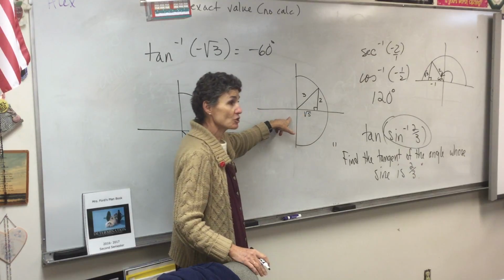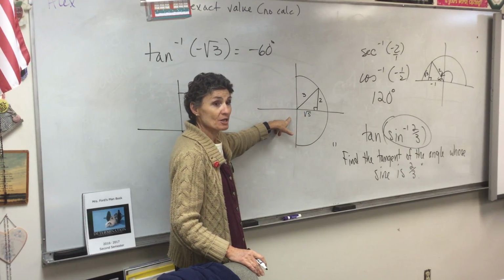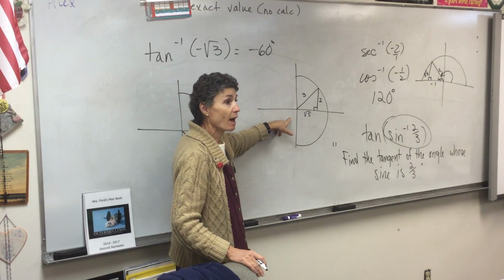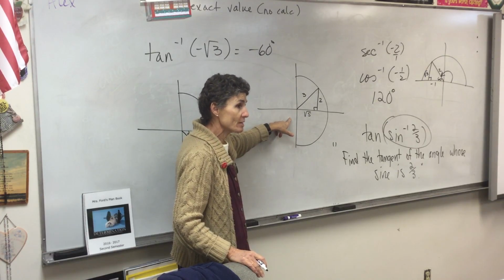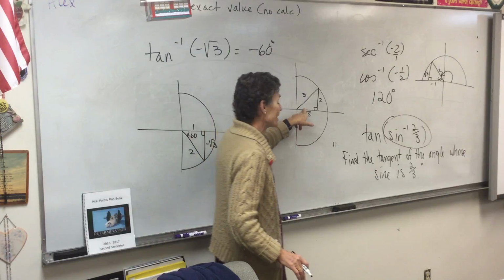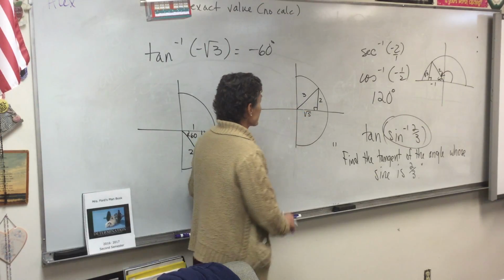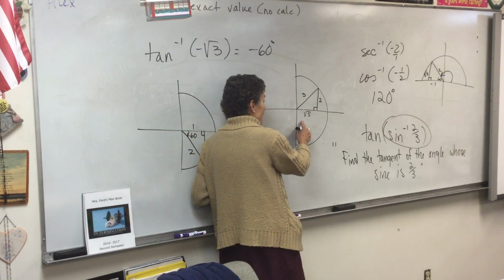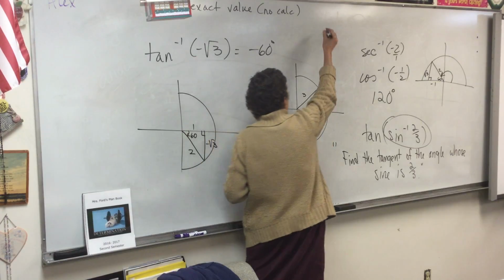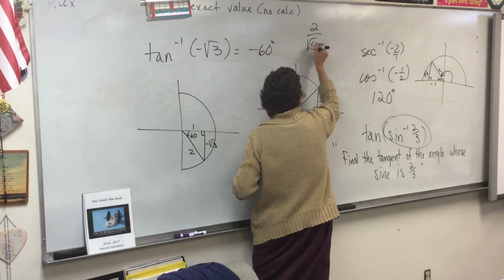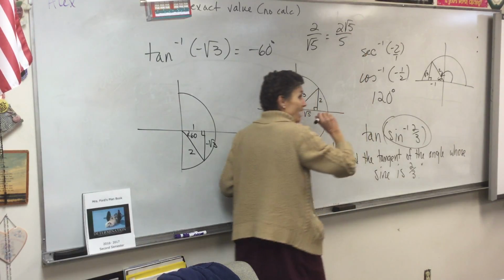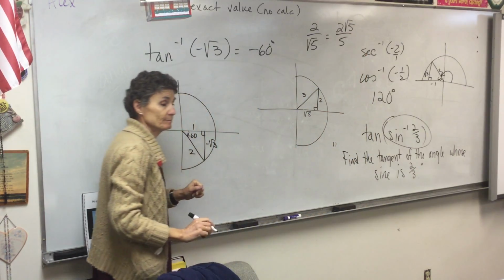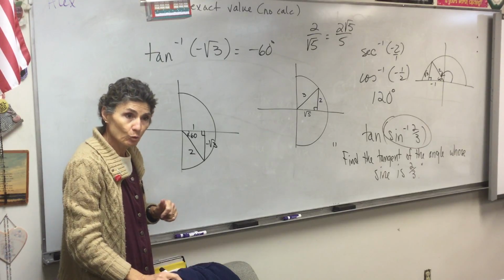Can I find the tangent from this picture? I sure can. Tangent is opposite over adjacent. I don't need to know the angle. It doesn't say how big is the angle. It says, what is the tangent of that angle? So what would the answer be? 2 over root 5, which is root 5 over 5 when we rationalize it. See how cool that is?